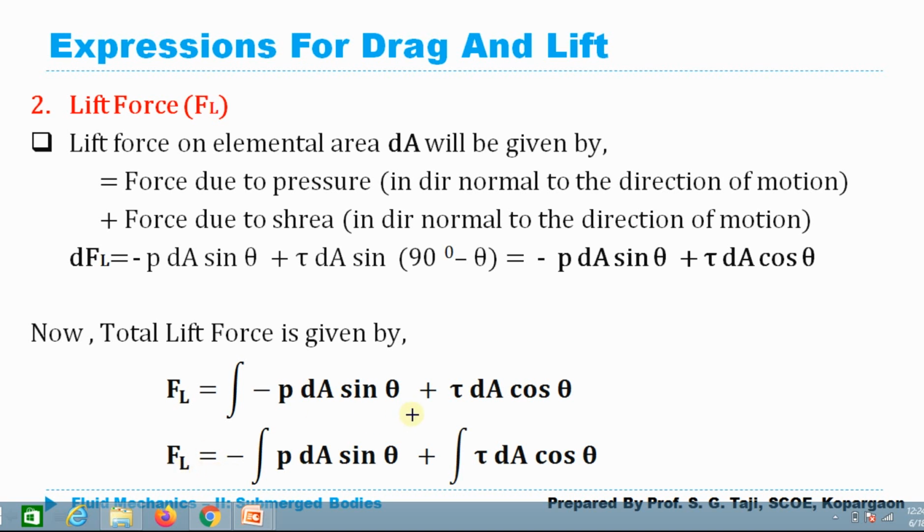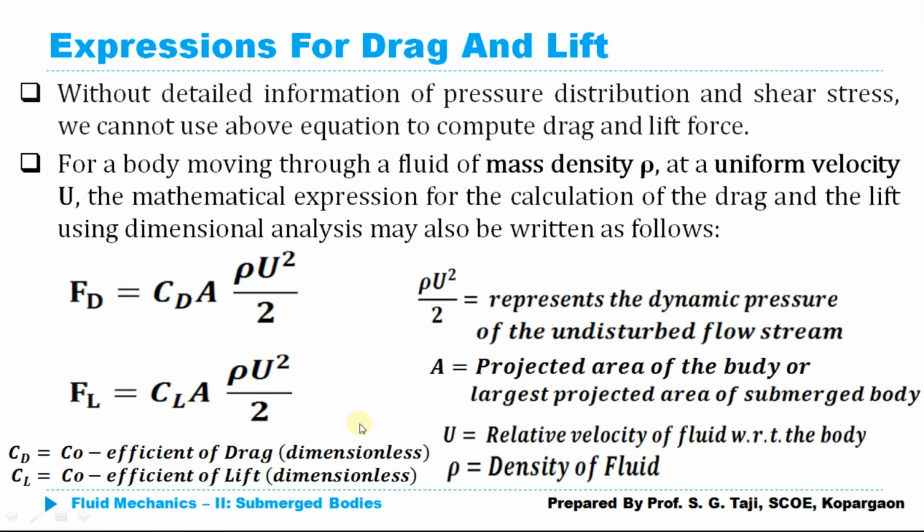Now if you want to compute lift force and drag force, it may not be possible to get the proper pressure distribution or shear stress at different locations. So in that case, by using dimensional analysis, we can find a proper equation for the drag force and lift force.